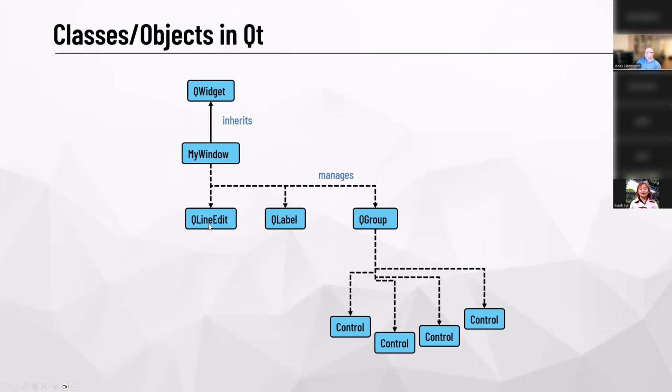In this case, perhaps I have a line edit, which enters text, a label, a group. And the group is a special widget that can handle other groups. For example, you can move them together in a single layout, and so on. So you can have multiple hierarchies of groups in your user interface. So it uses all the benefits of object orientation.